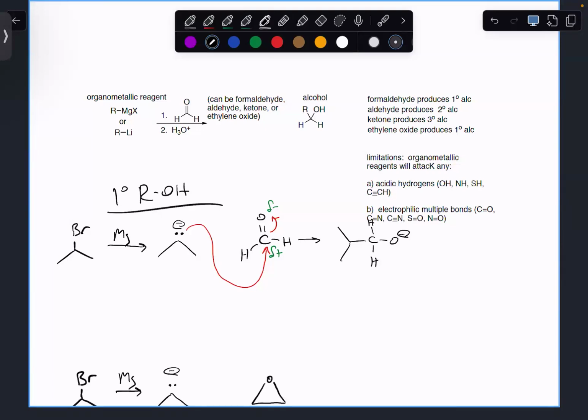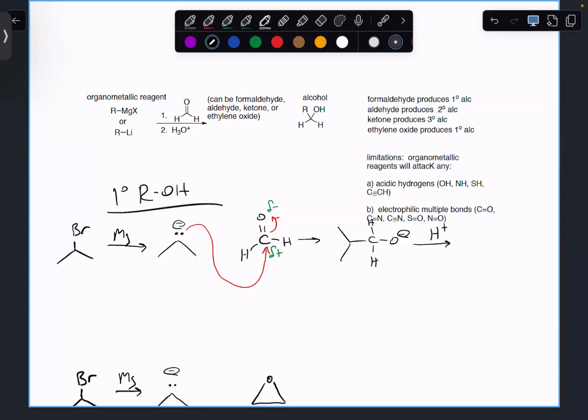You end up making this alkoxide intermediate, and this thing is just going to hang out until you give it a proton. You'll recall when we did this in lab, you took that gray dishwater looking stuff and dumped it into the sulfuric acid. We have to give this acid in order to give that thing a proton. So anytime you see a Grignard reaction written out, there will always be step 1, the magnesium, and step 2, H+.